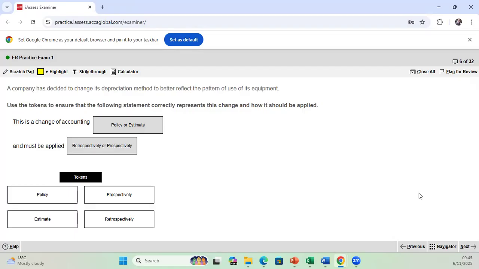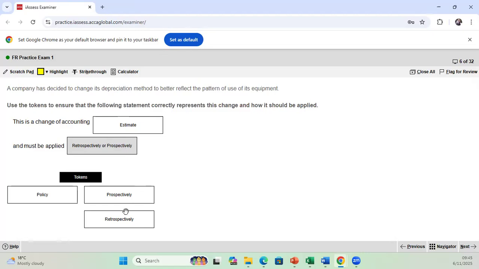Is it a change in accounting policy or a change in accounting estimate? So the depreciation method is a depreciation estimate. There's a change in estimate. Depreciation is an estimate.